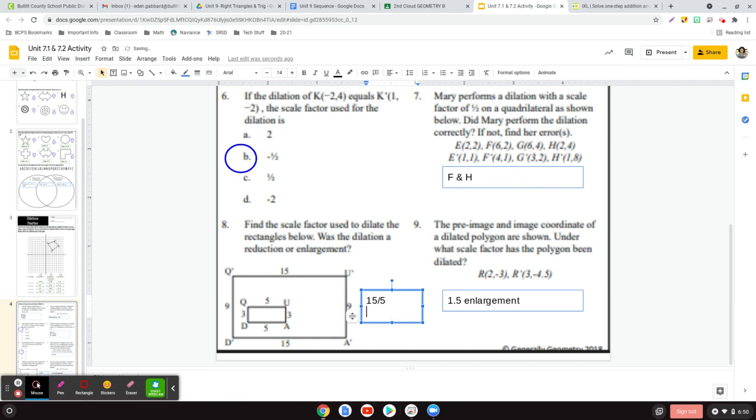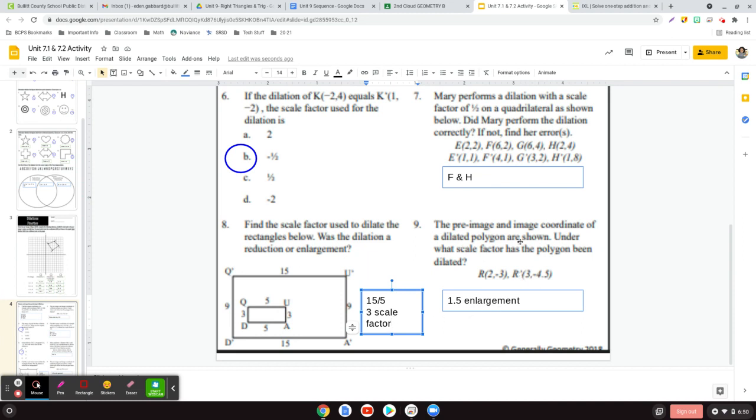And so this is a fraction, but we can simplify that fraction. 15 over 5, if we divide 15 by 5, we get 3. So 3 is our scale factor. So we see where we got this. We have our image side length over our original side length, 15 over 5. And if we solve that out, we get a scale factor of 3.